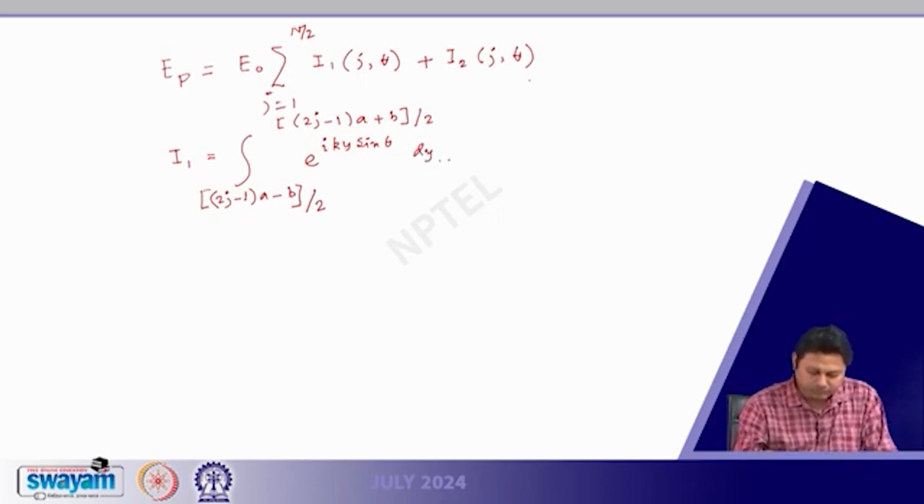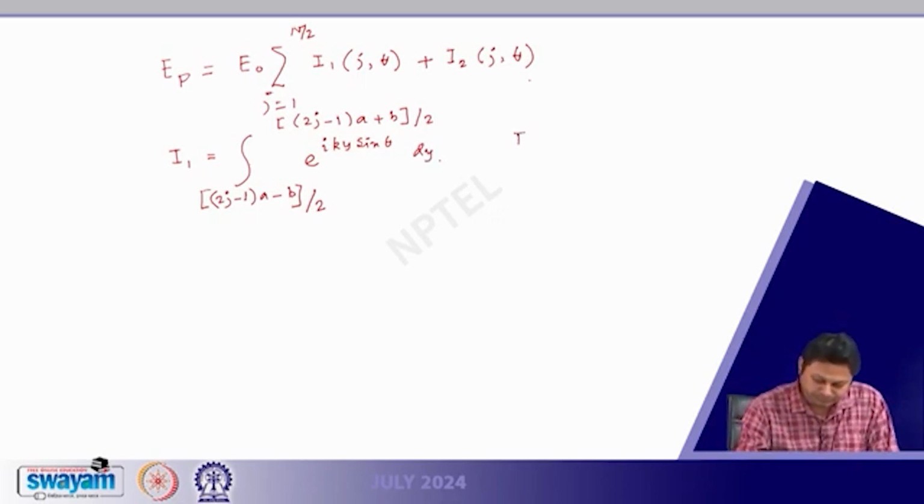and I2 was the integral where only the limits change, and now we have a minus sign here.